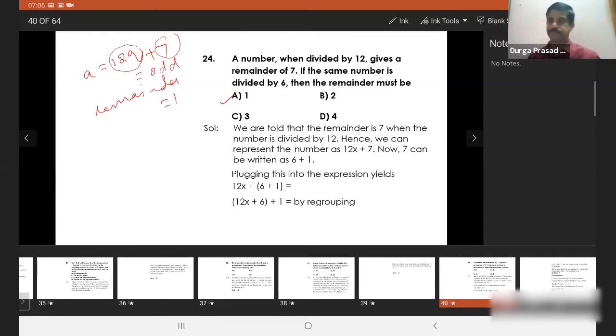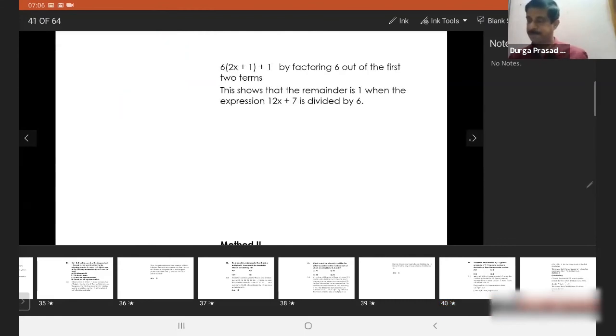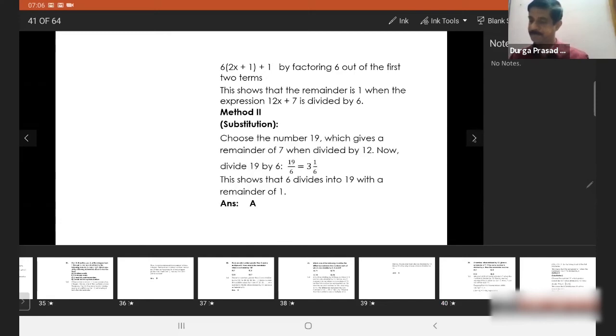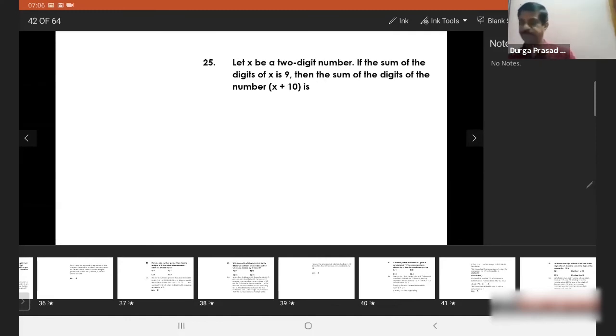Yes. Now let us look at the next question. Look at this. Let x be a two-digit number. So x is a two-digit number, let us call it AB. So this will be equal to 10A plus B, like that.